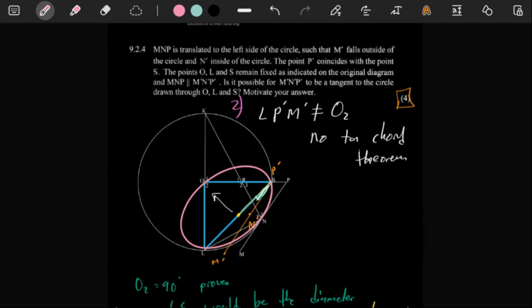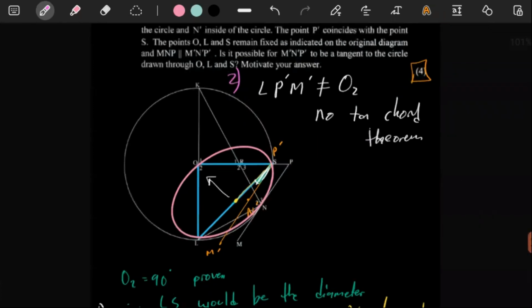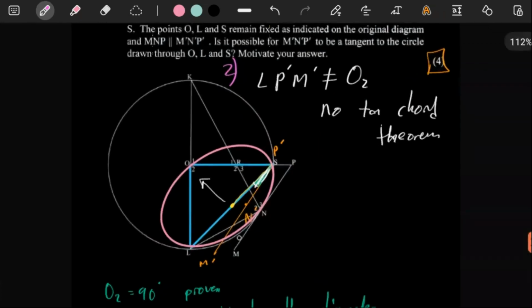We could look some more, but it really feels like we're just wasting our time here. But let's just look some more. So where is LSO? LSO is a 90-degree angle. We said these are not equal because of the tan-chord theorem. What else?